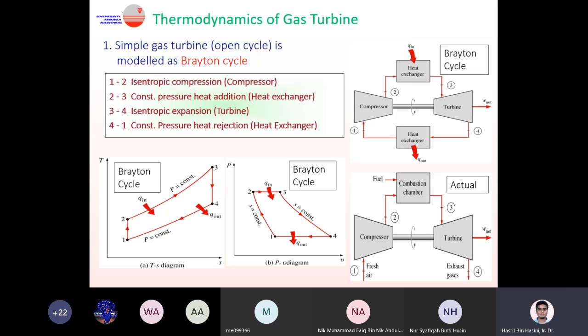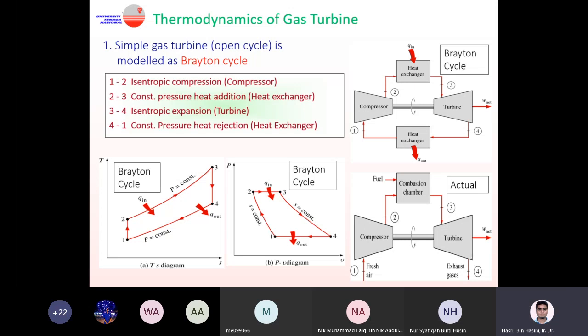You have compression in a compressor, isentropic condition, and then after the compression, you have combustion, heat addition, at constant pressure. After that, you have expansion for your turbine.